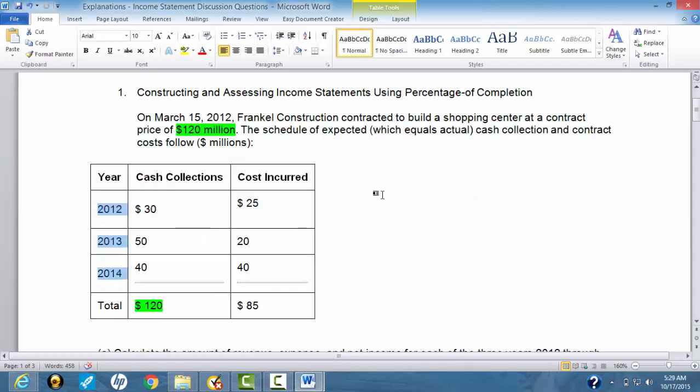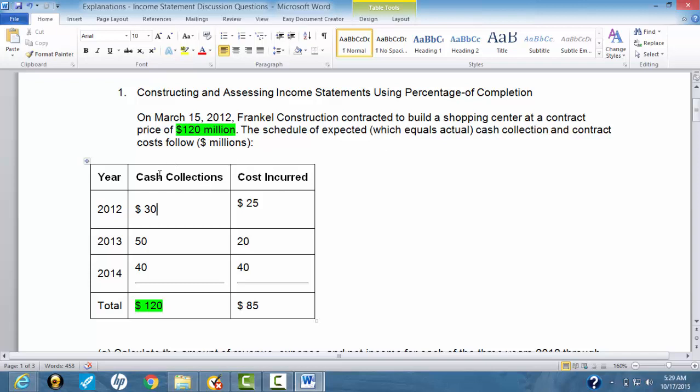Now, this is a 3-year contract. So total revenues of $120 million will be recognized over 3 years, 2012, 2013, and 2014.